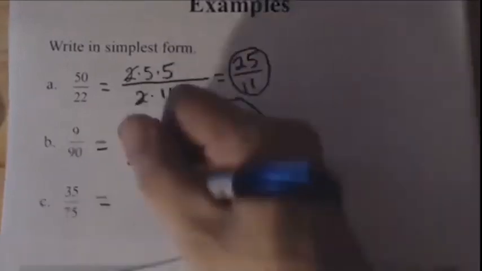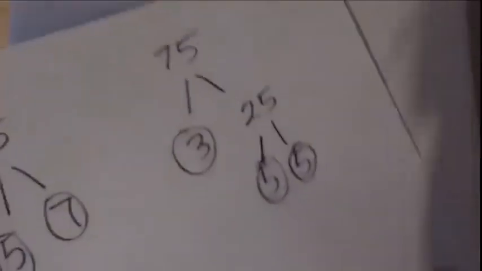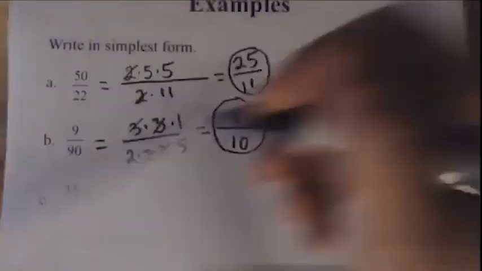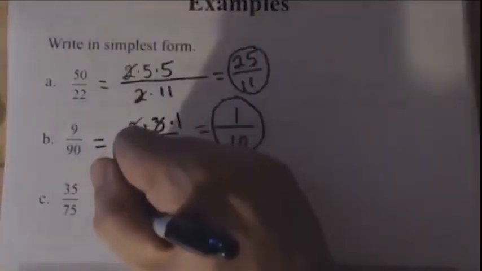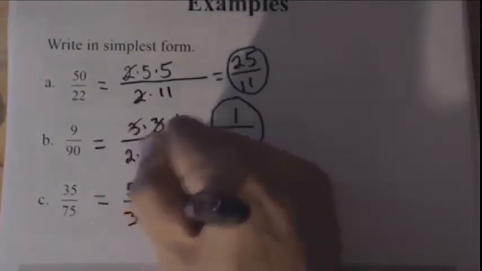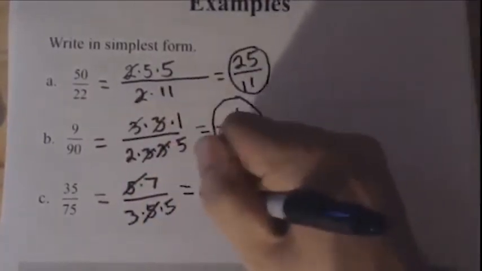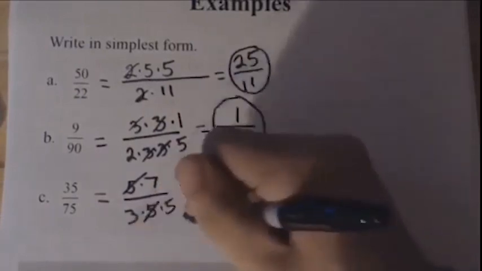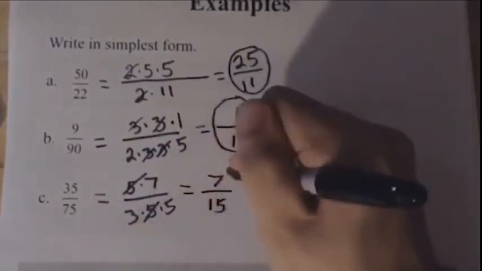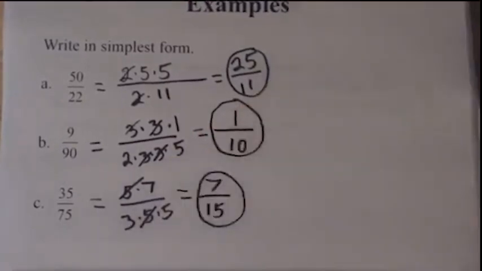So this is 5 times 7 over 3 times 5 times 5. 1 5 on the top cancels with 1 5 on the bottom. We're left with 7 on top, and 3 times 5 is 15 on the bottom. 7/15.